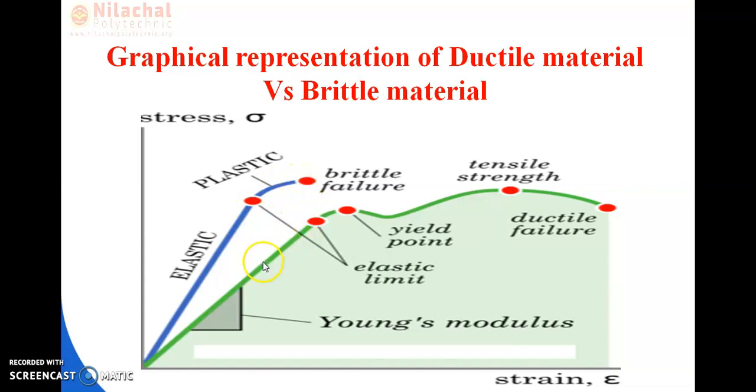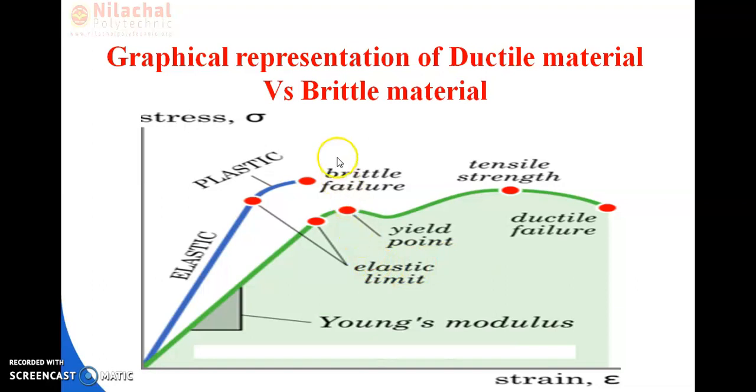But in case of ductile material, as you can see here, it is mild steel. Here we can find the elastic point, then the upper yield point, then the lower yield point. After that it gives the ultimate strength point, which is also known as the tensile strength of the material. Then after that it will fall down.